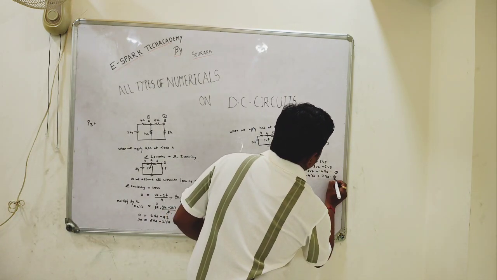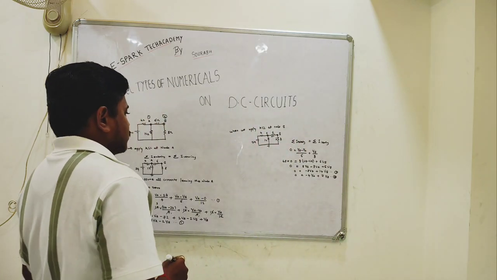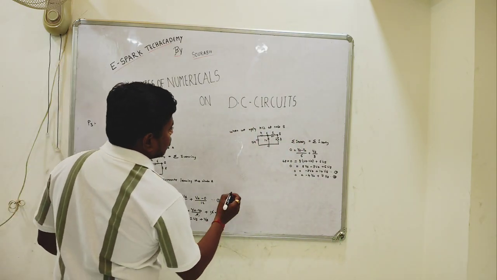This is the final equation for node 2. Now what we have to do, just write these two equations one below the other.